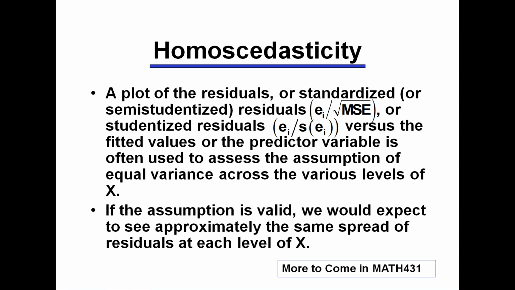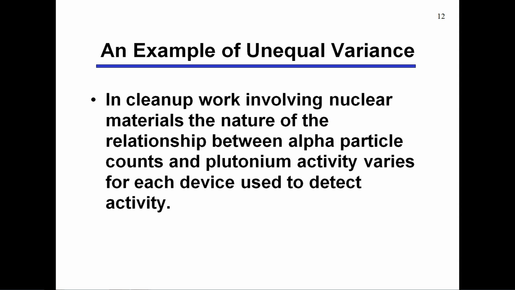Well, at any rate, if the assumption of homoscedasticity is valid, we would expect then to see the spread of the residuals to be pretty much the same across all levels of x.